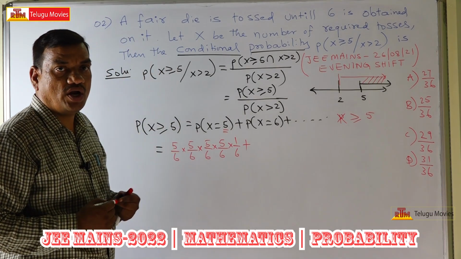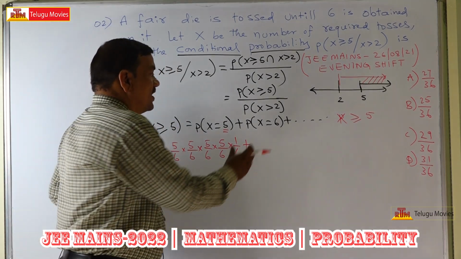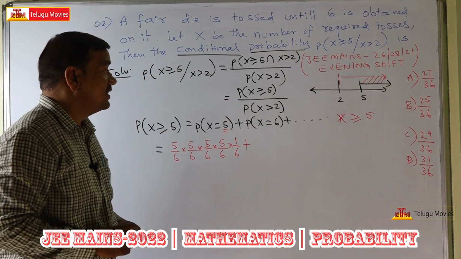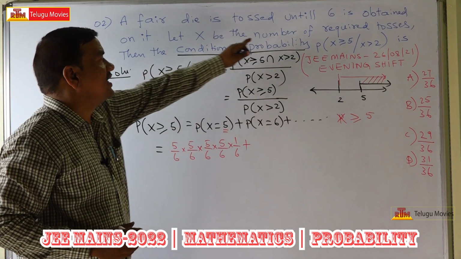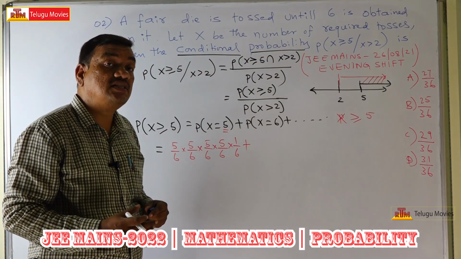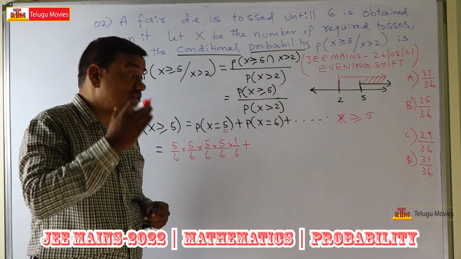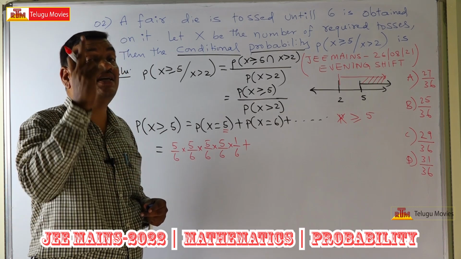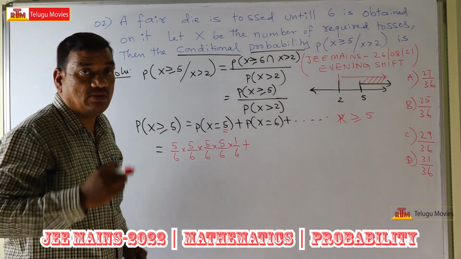Plus, next one, x is equal to 6. X is equal to 6 means x is the number of required tosses. That means if you toss the die 6 times, you get the number 6 on the 6th toss.